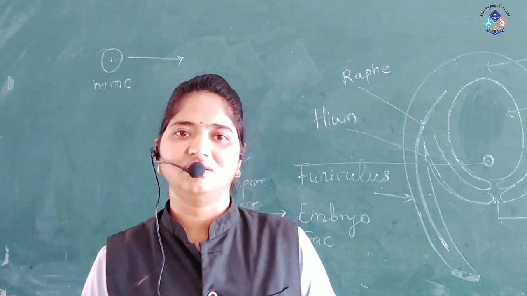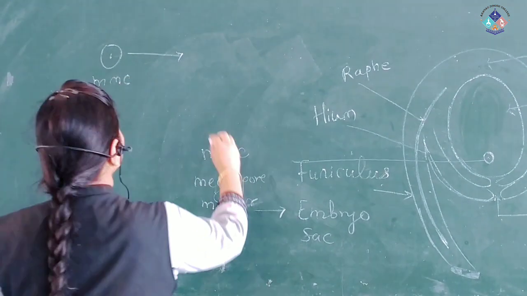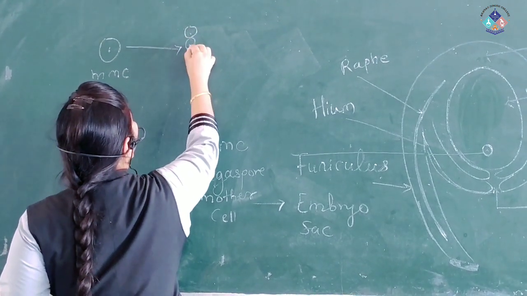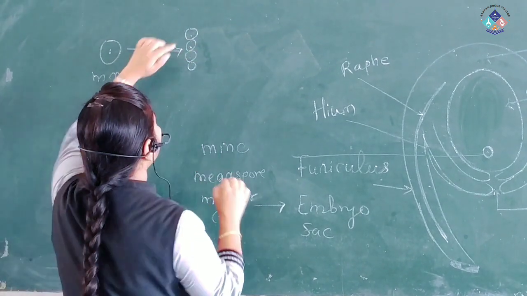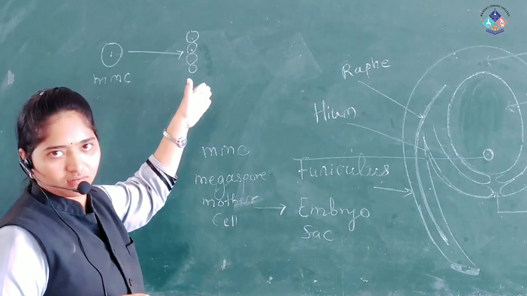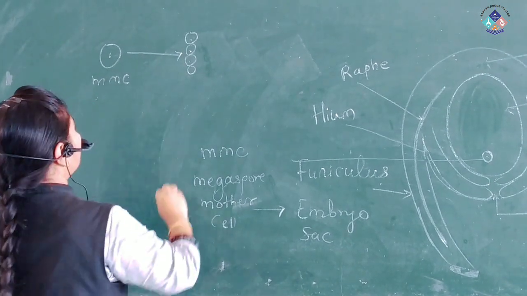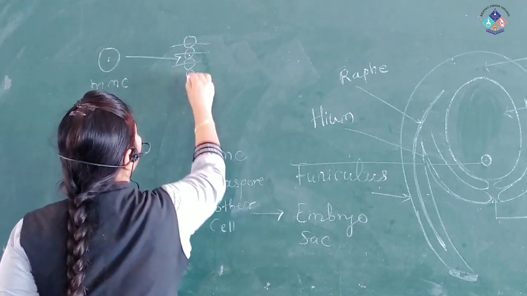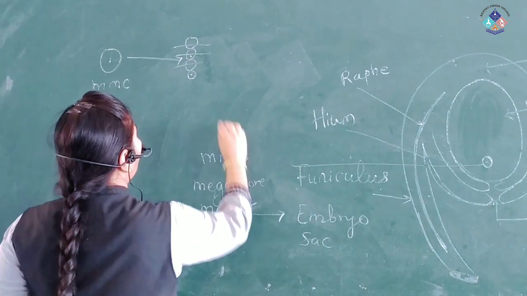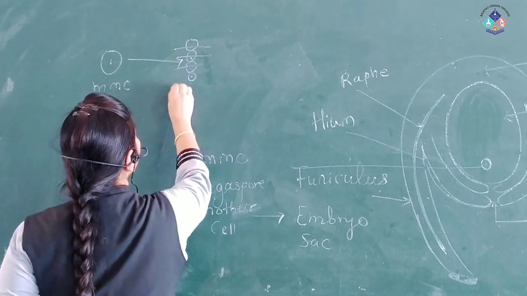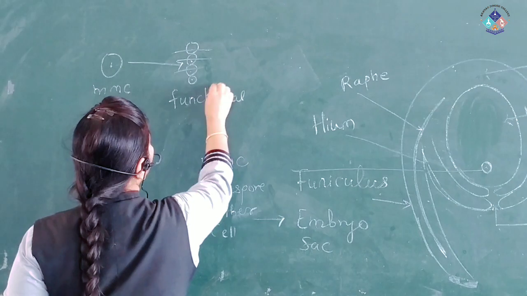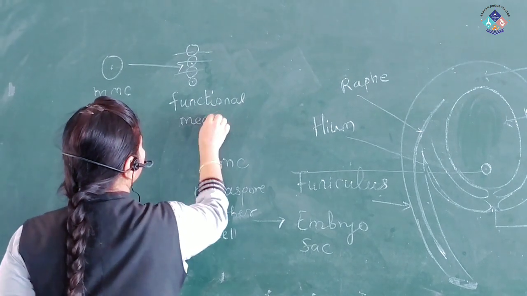As you know, meiosis is a reduction division, and it gives 4 haploid cells in linear form, means all in a straight line. From those, 3 cells degenerate. Only 1 cell remains, and that cell is called the functional megaspore.